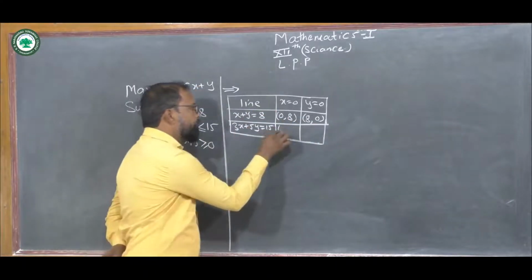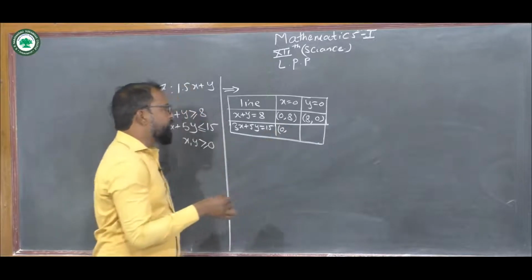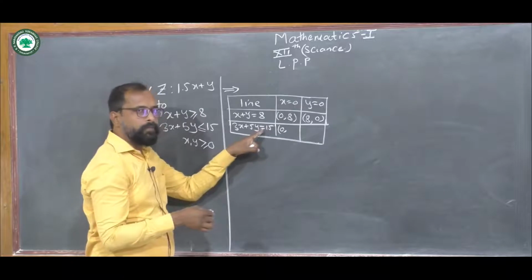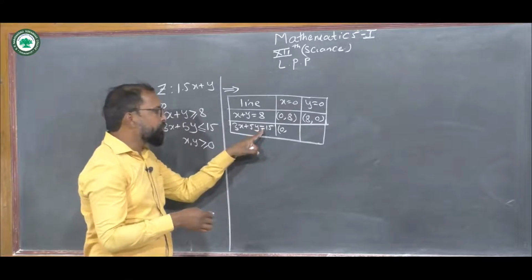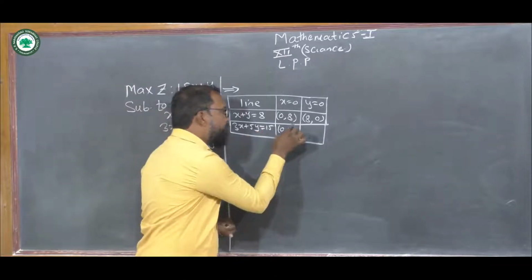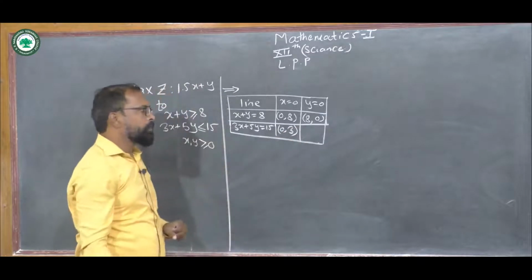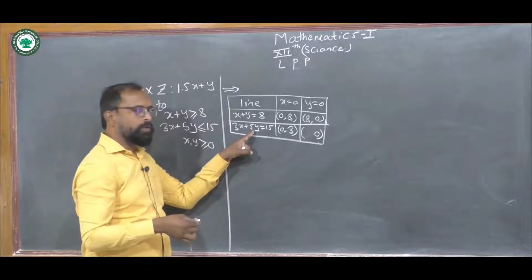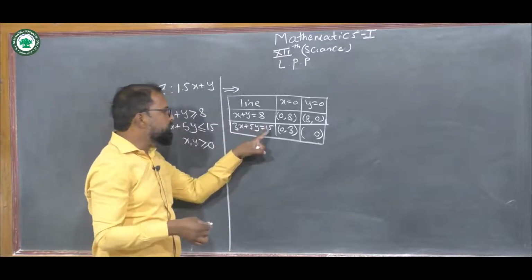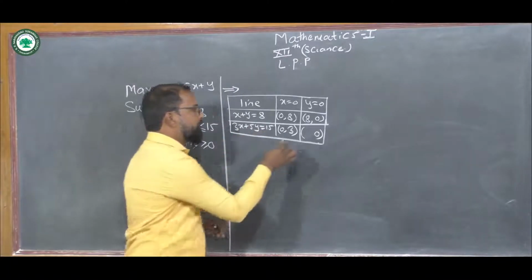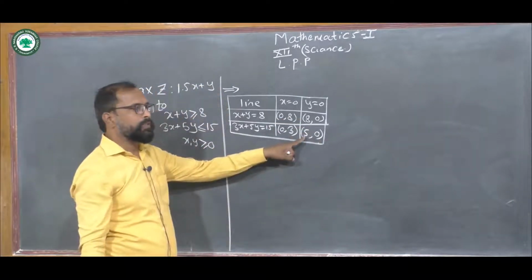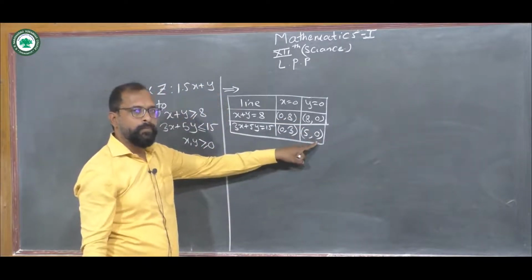Similarly, in the second equation, if we put x equals to 0, we get 5y equals to 15, and 5y equals to 15 gives y equals to 3. Similarly, if we put y equals to 0, we get 3x equals to 15, which gives x equals to 5. So the next point is 5, 0.